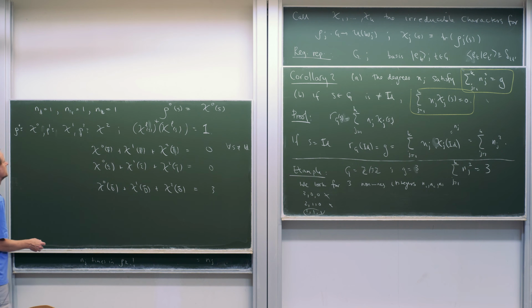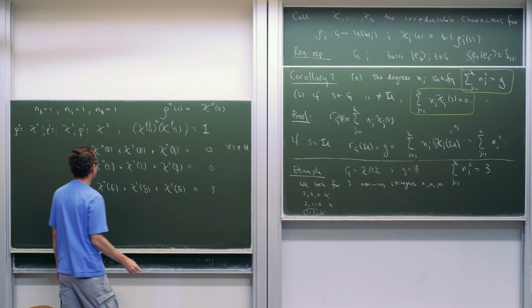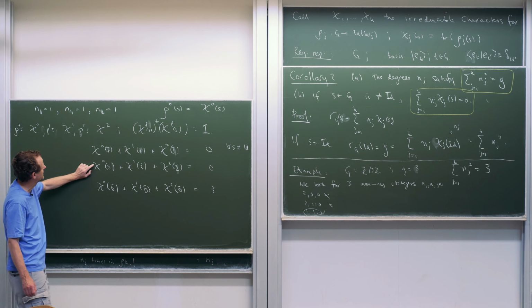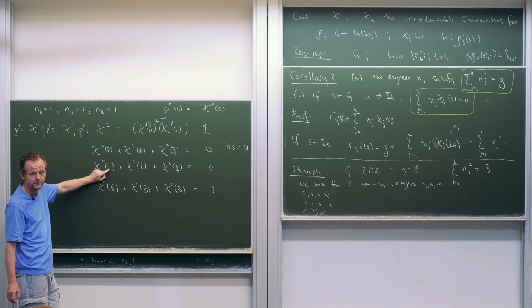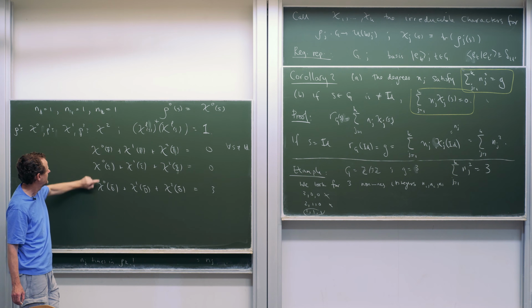Oh, hang on. Sorry, more than 3 equations. More than 3 unknowns, of course. And I messed it up. Oh yeah, but we have other information. We know, for example, that chi naught 2 bar times chi naught 1 bar is 1.